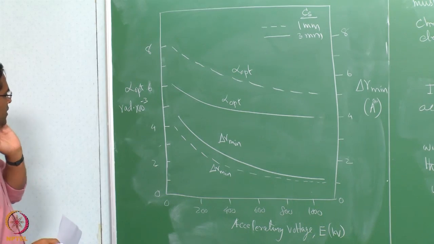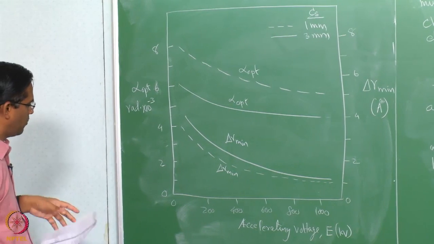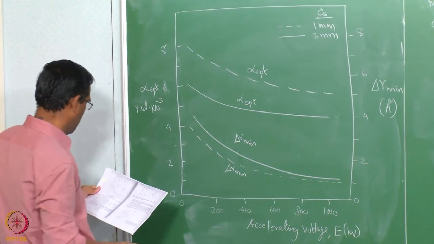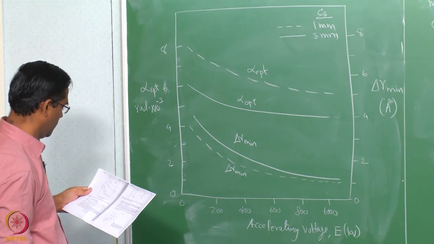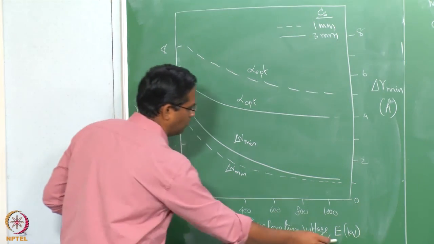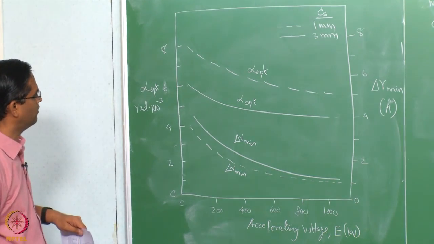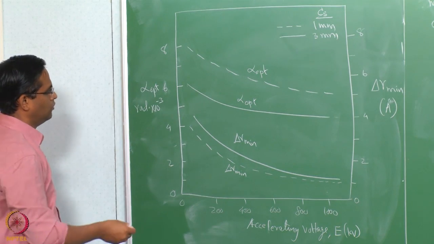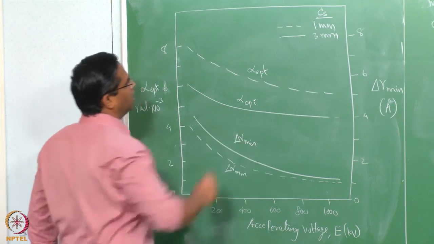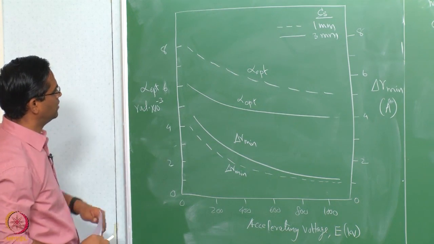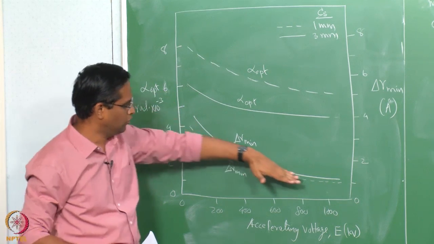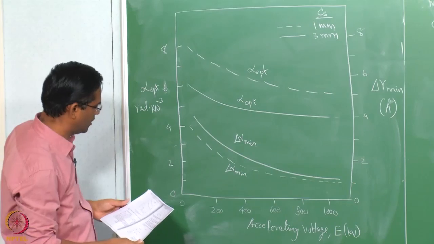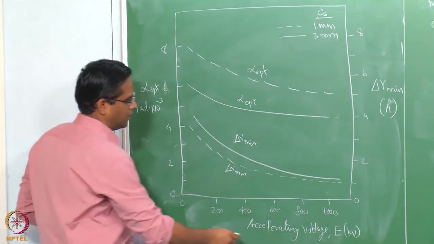So what we have done is, we have plotted the optimum objective angle and ultimate resolution as a function of accelerating voltage. So you can see that very nicely, with the different spherical aberration constants, how this optimum angle and the ultimate resolution vary as a function of accelerating voltage.